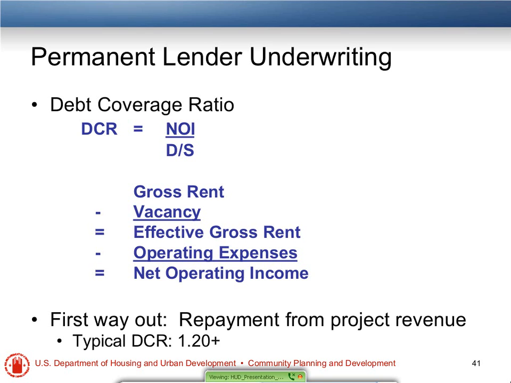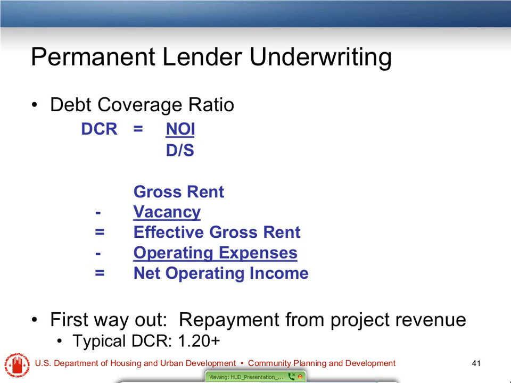And so debt coverage ratio is considered the first way out. It's how the lender is repaid based on net operating income. And again, typically 1.2 or higher would be a good debt coverage ratio. That 1.2 really provides the lender, again, with a margin for error. If net operating income goes down, you would still have enough net operating income to repay debt service.